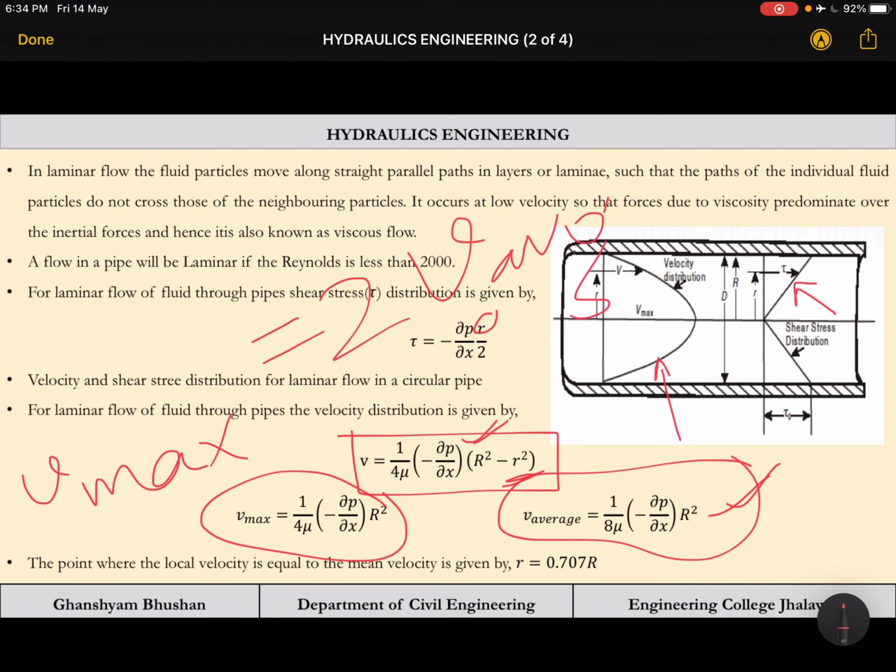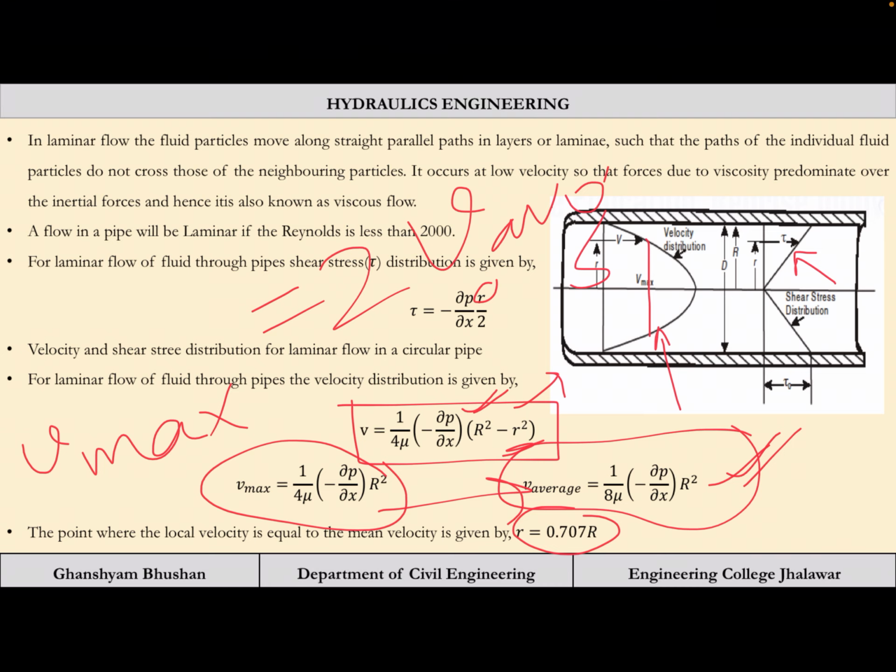And when r is equal to 0.707 times capital R, these two velocities are going to be the same. Put the value 0.707 here, and you will get both V max and V average as the same. Clear? I hope this is clear to you.